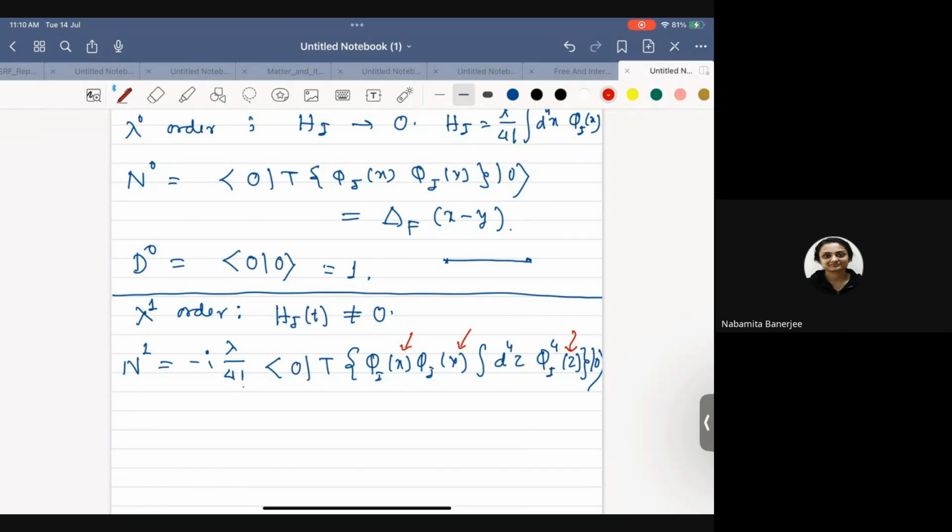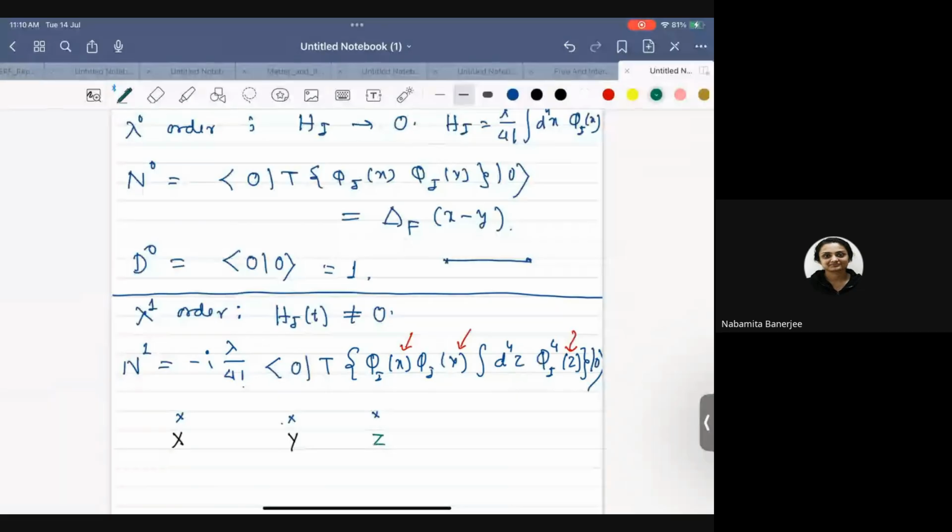Okay, good. Now, what is this? Let us think about it. I have three operators at three positions. The external ones are x and y. I'm just going to use two different colors so that you can understand. The internal one, I call this internal because it is integrated over.